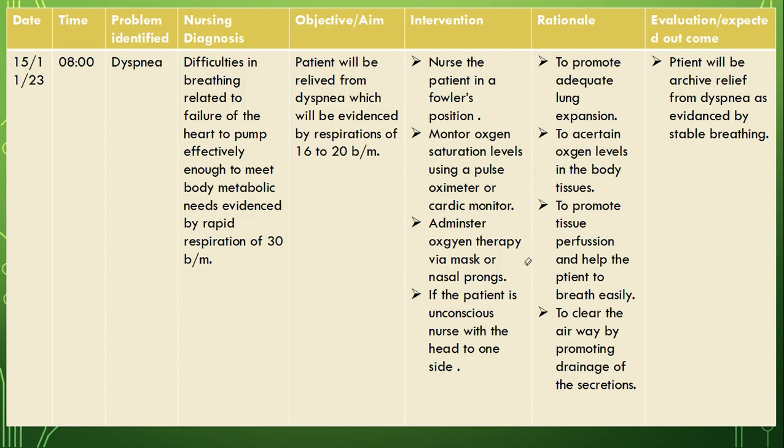Then the next intervention is that we are going to administer oxygen therapy via a mask or nasal prong, according to the doctor's orders, to promote tissue perfusion and to help the patient breathe easily. Then the other intervention is that if the patient is unconscious, we have to nurse the patient with the head on one side. So why are we doing so?